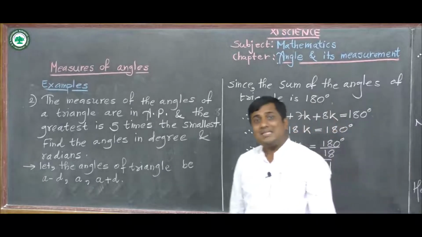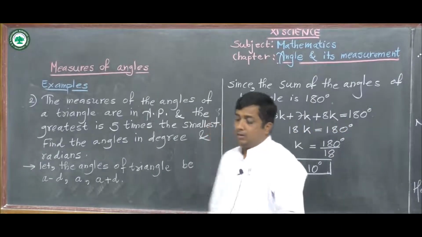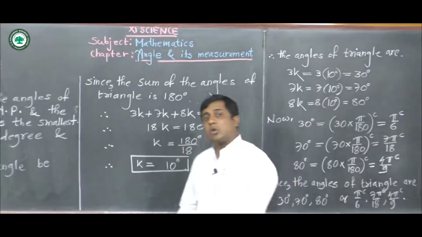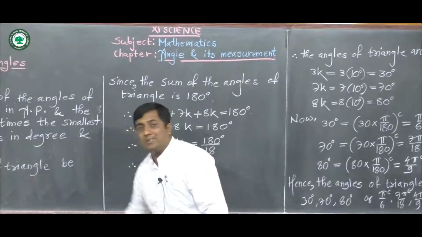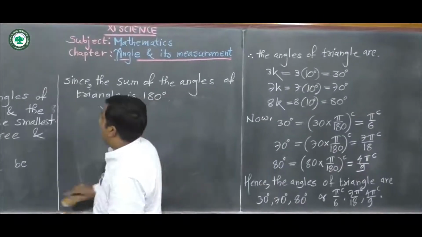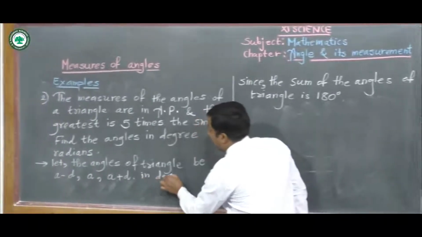We consider these three to find our angles. Then we know the sum of the angles of a triangle is 180 degrees, so we consider the addition of these three. Remember, these angles are in degrees.